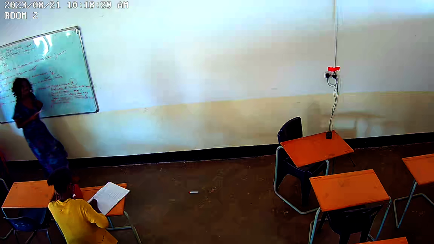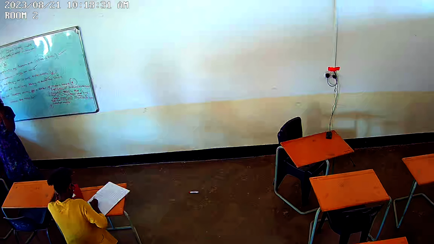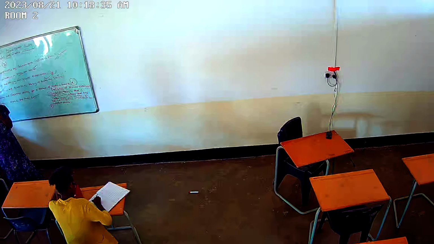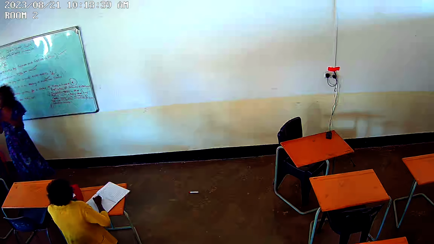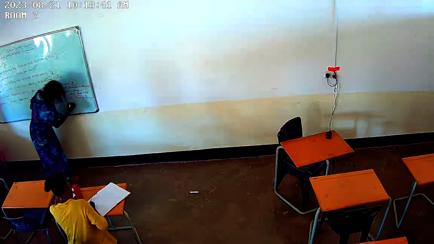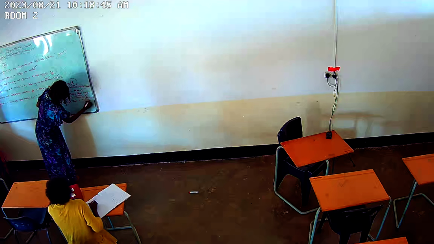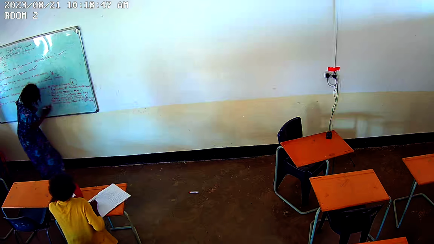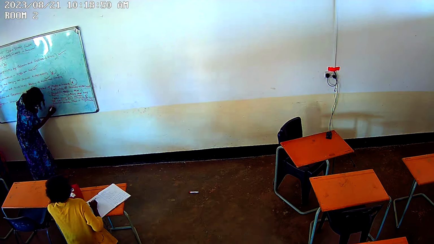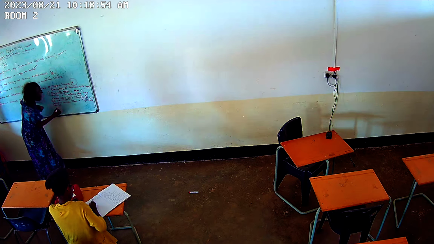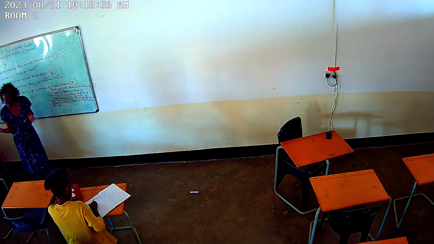What are the terms to be there in defining a science experiment? Timed, okay? It must be systematic, system, method, okay? Even using scientific apparatus, okay?